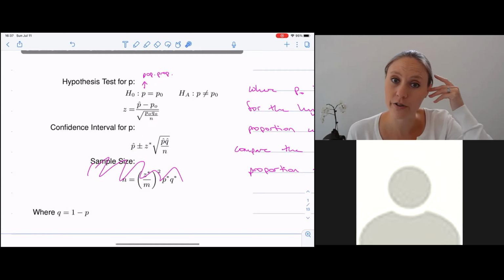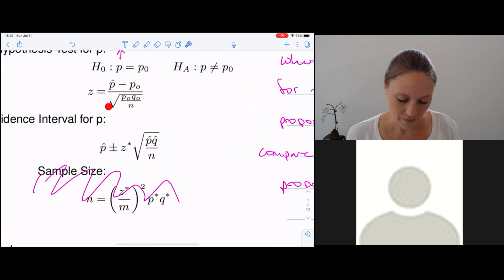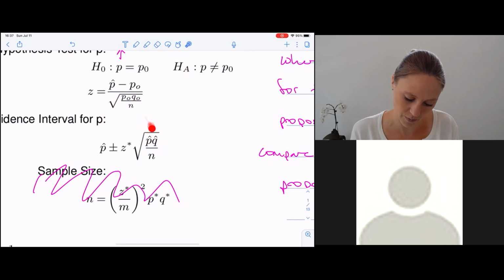One thing I will alert you to is that in the past, whatever's in the denominator of your test statistic has always been the standard error, but these aren't the same anymore. So that's a heads up for proportions, that we do use different values depending on the scenario. But as long as you have the formula sheet, you're safe. Just follow the formula sheet.